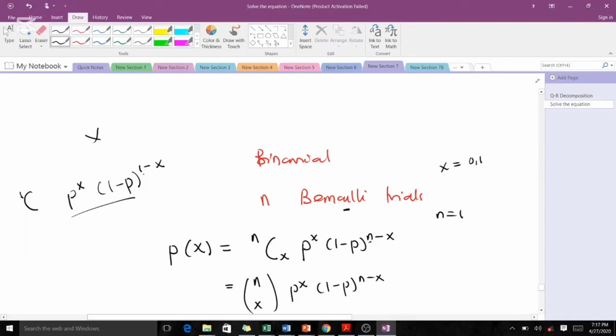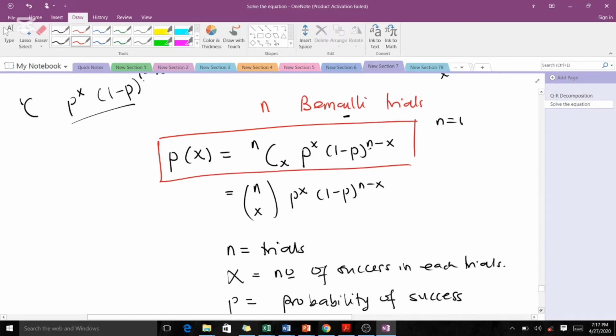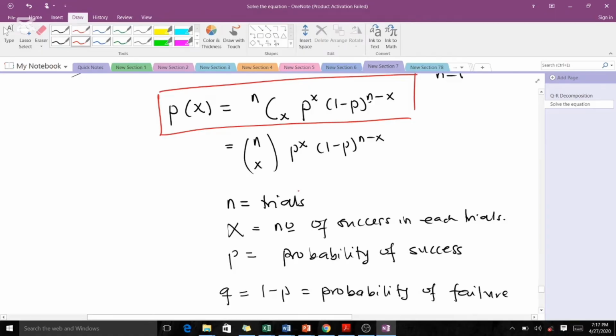Remember our x just took values of 0 and 1, so 1 combination 1 is the same as 1. So the binomial was just derived from Bernoulli, just n Bernoulli trials. The probability distribution for our binomial is given by n combination x, p to the x, then 1 minus p to the n minus x.